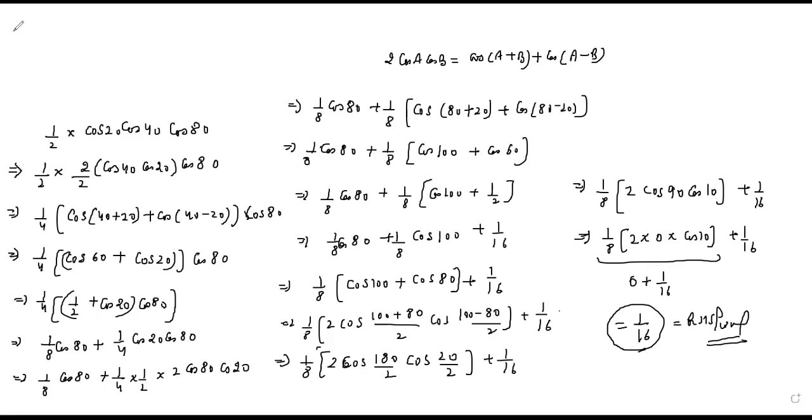Prove that sin 10, sin 30, sin 50, sin 70 is equal to 1 by 16. This is question 2, on the same ground you have to see this question.